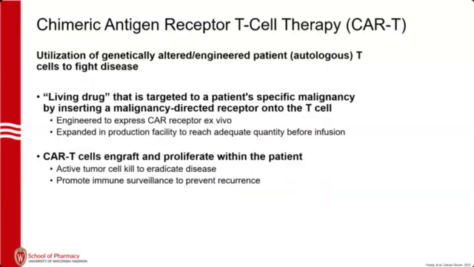This is the utilization of genetically altered or engineered patient cells that are used to fight these diseases. Currently, the only FDA approvals are for autologous cells, or cells that were collected from your patient, though allogeneic cells are in investigation right now.